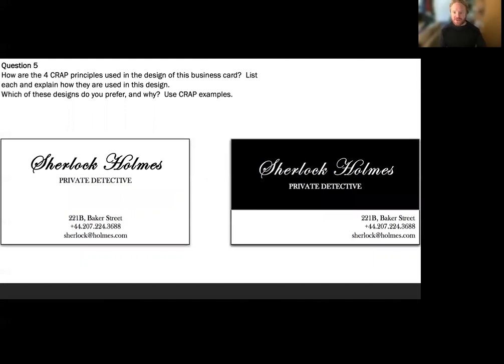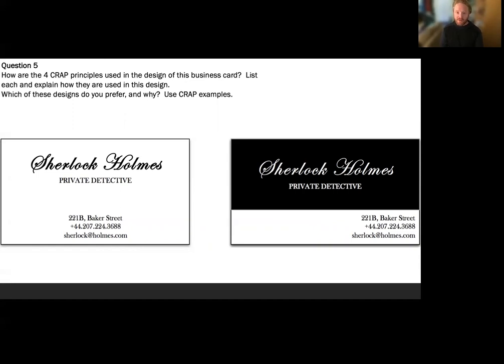We are on to our 5th and final question. Apologies if I said 4 questions earlier. There are 5 questions on this worksheet. Take a look at these 2 business cards. They are from a private detective named Sherlock Holmes. So how are the 4 CRAP principles used in the design of this business card?